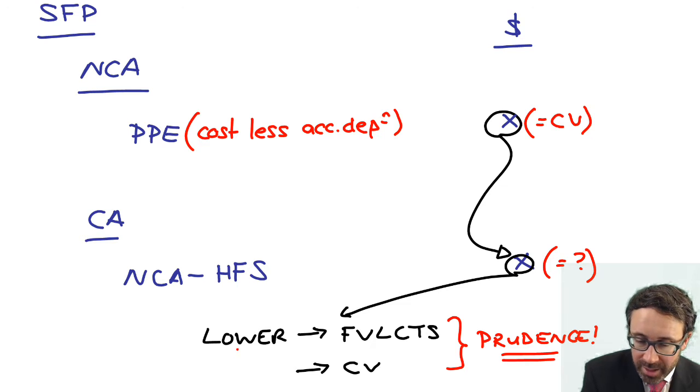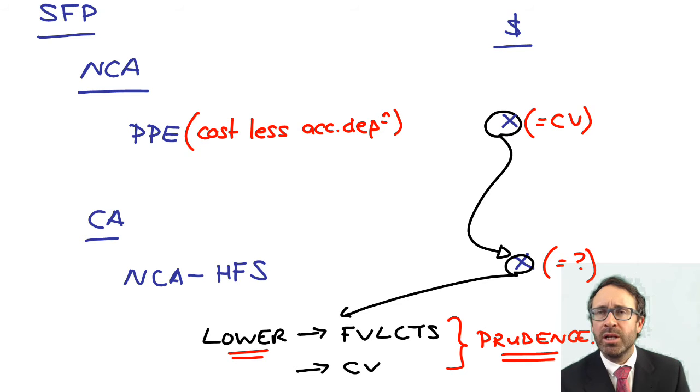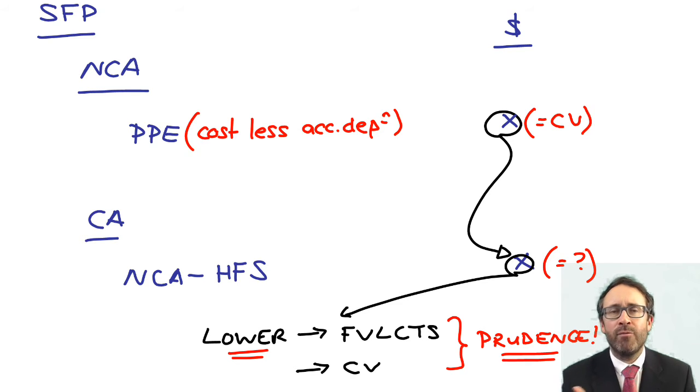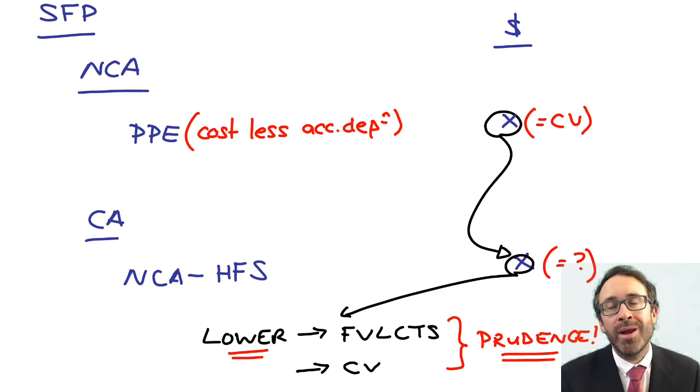So therefore we should recognize that loss immediately. However, if we anticipate selling it at a value that is higher than its carrying value, then let's just transfer it down at its carrying value and we'll recognize that anticipated profit when it is actually sold.